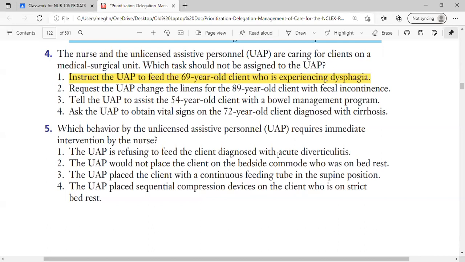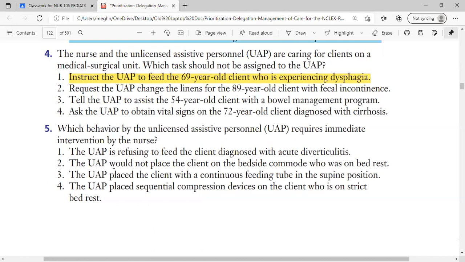So this action does not warrant immediate intervention. Number 2, the UAP should not allow the client on bed rest to use the bedside commode. Therefore, this does not warrant immediate intervention by the nurse. So the UAP should not place the client who is on bed rest on the bedside commode. So nothing wrong, she is okay doing that.